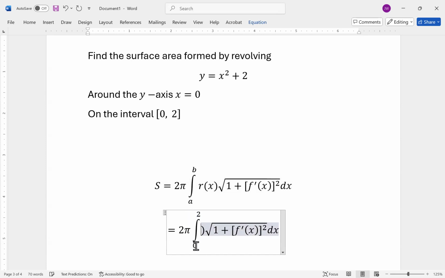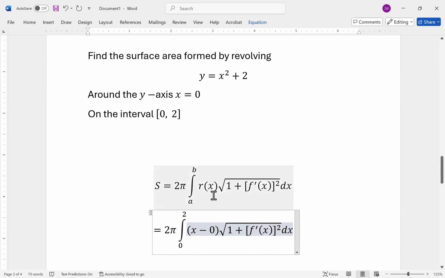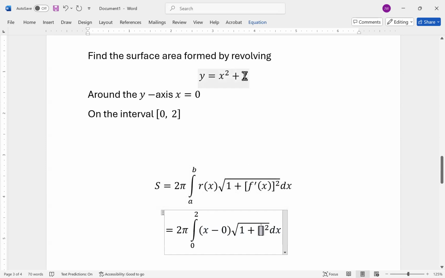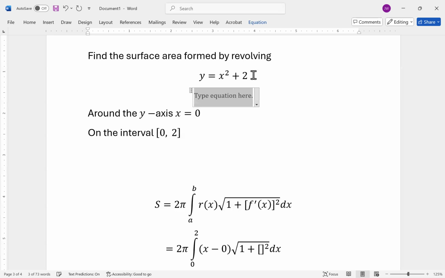And here's the insight. The radius is now from an arbitrary x between 0 and 2 down to the x equals 0. So the radius is simply just x minus 0. The derivative of f is just the derivative of this. So I'm going to call that y prime. That is just 2x.